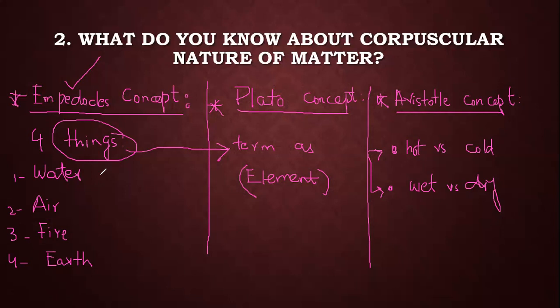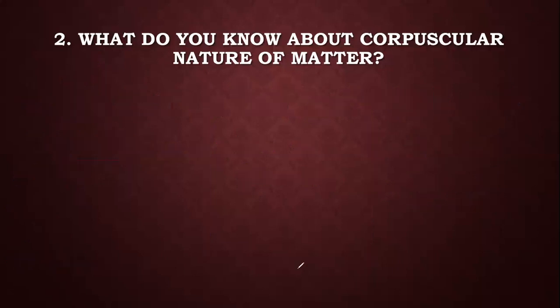And Aristotle also adopted the concept, but he introduced a new idea that they can be differentiated on the basis of properties: hot versus cold, and wet versus dry. So this is the corpuscular nature.